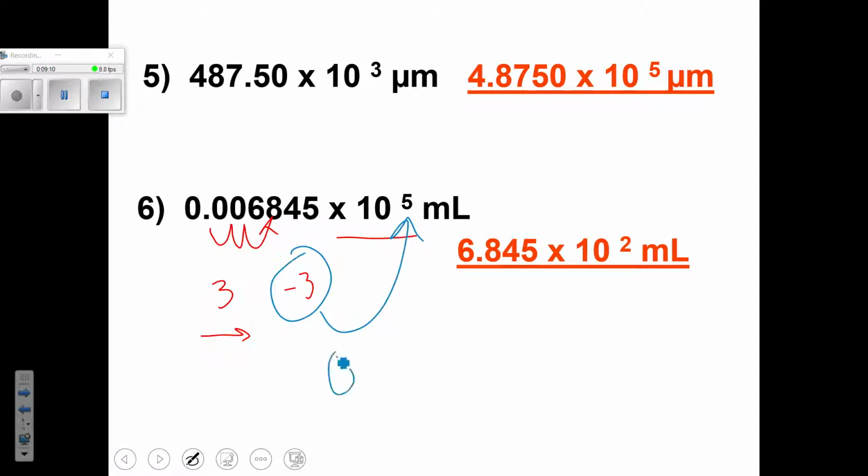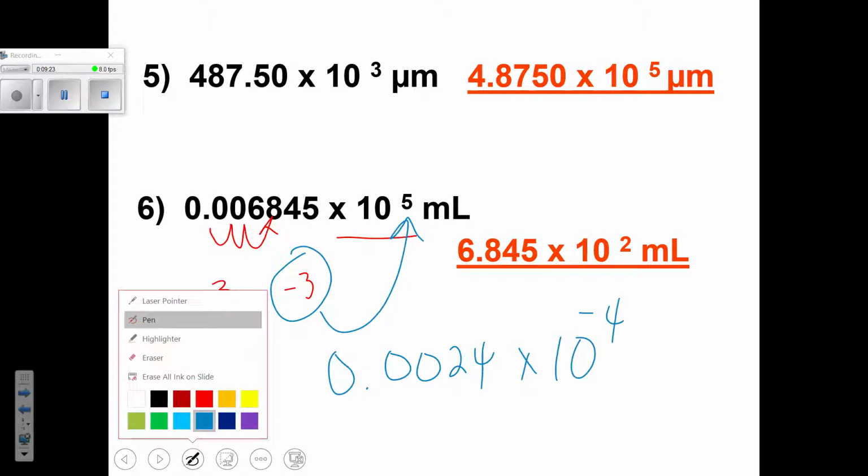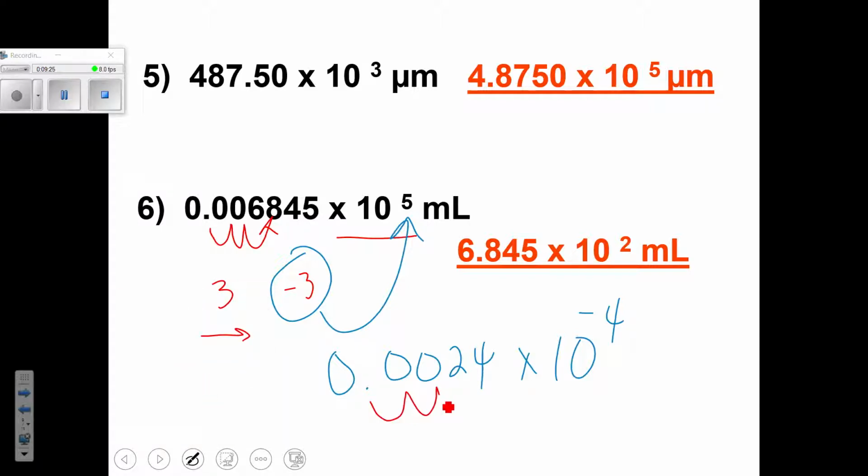I will say this, I'll kind of make another one up real quick. 0.0024 times 10 to the -4. Okay, let's say we need to write that in scientific notation. If we move our decimal, it's going 1, 2, 3 to the right. Okay, that means this would have been a -3 normally.